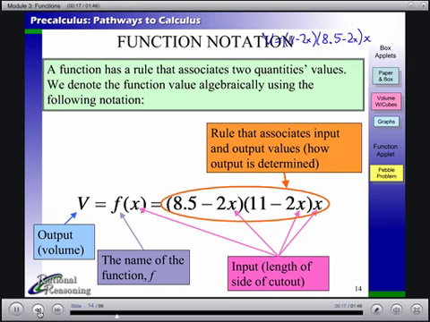For A, it's x is 1.5. For A, you're doing the cutout length of 1.5, and for B, you're doing the cutout length of 2.7. No calculating, you're just writing. You're just representing it.